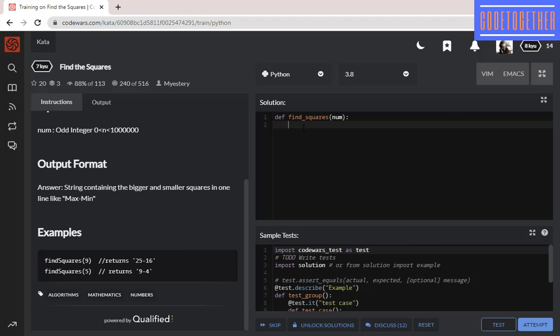In each step we have to calculate the difference between the squares of two consecutive numbers, like 1 and 2.